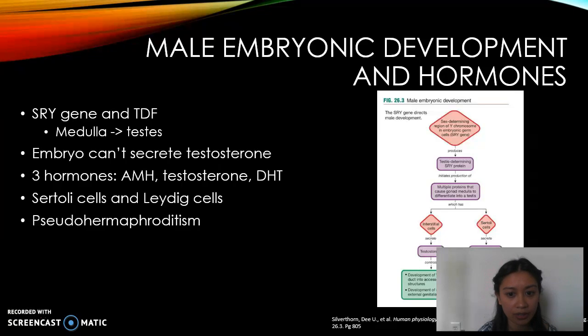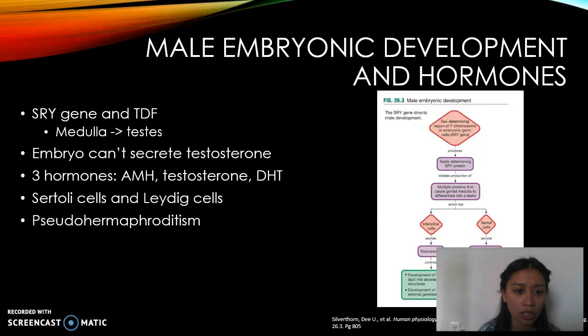Testicular development doesn't require male sex hormones like testosterone, and that's because the developing embryo can't actually secrete testosterone until after the gonads differentiate into testes. But once the testes do differentiate, they will secrete the hormones, testosterone included, that will help influence development of the male internal and external genitalia.